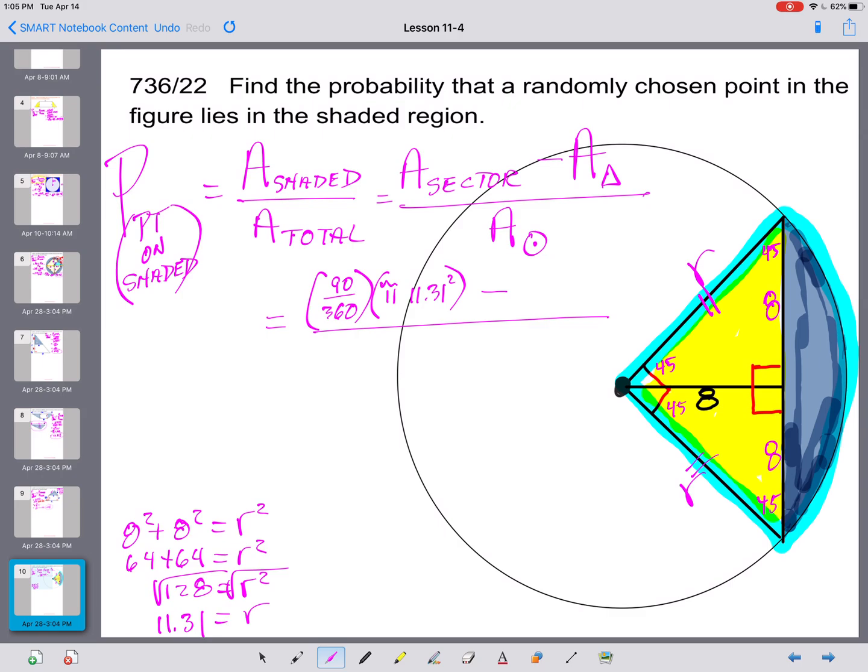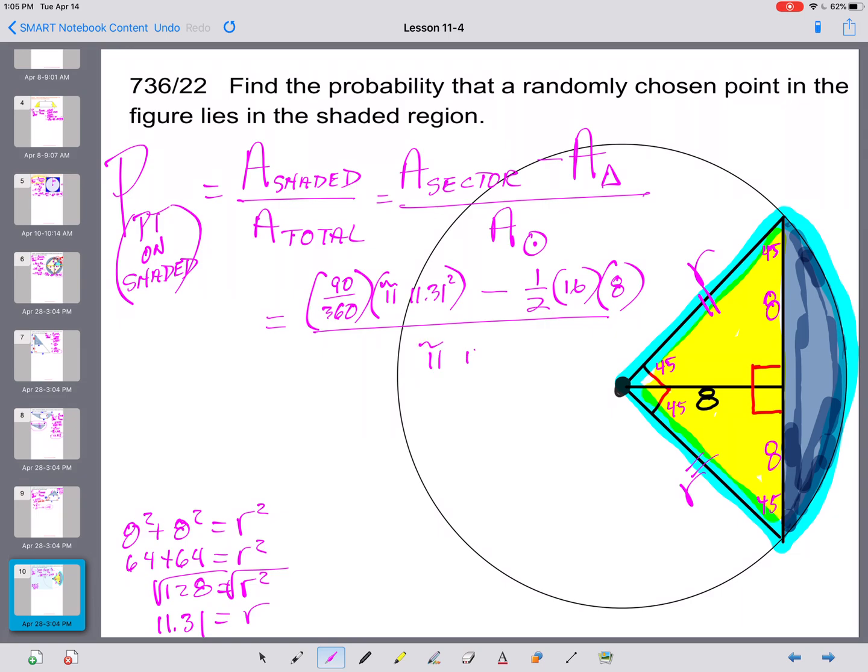Minus, how about the triangle now? The yellow triangle is 1/2 base times height. What's the base? 16, 8 and 8 is 16. What's the height? Yep, 8. Okay, good. All over the area of the circle, that's just pi r squared.